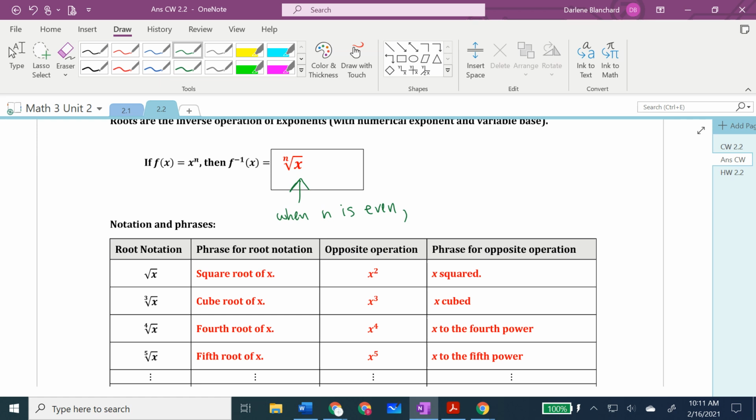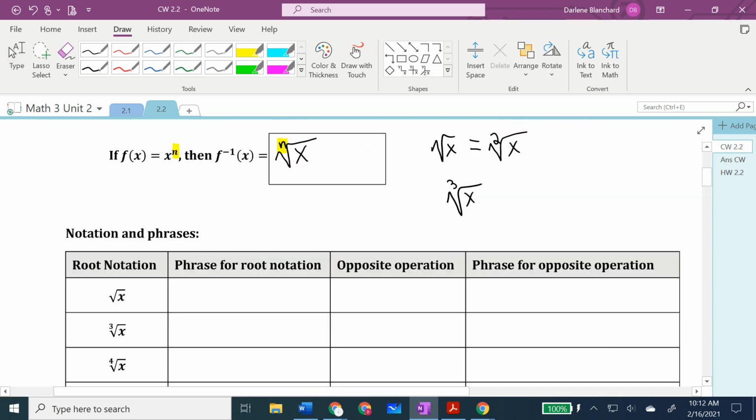When n is even, you have to deal with issues of restricted domain and plus or minus. But again, I'm not going to throw these your way in this class. I just want to say that because technically this is only the inverse if n is odd, but if n is even, then the inverses go through that process that we looked at in the last unit. All right.